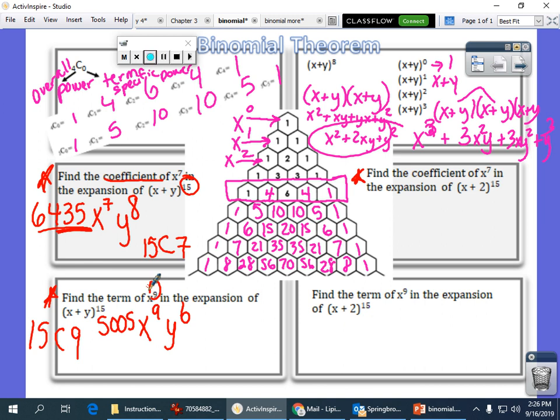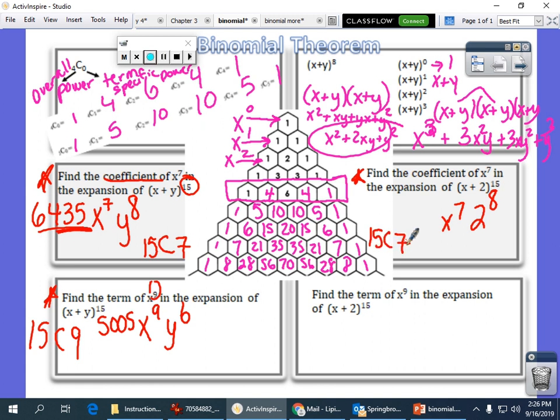Now, let's talk about this one. How many of you did x to the 7, y to the 8? Be honest. How many of you started first with x to the 7, y to the 8? I know some people did. Then it should be 2 to the 8th. What is my code? 15C7.